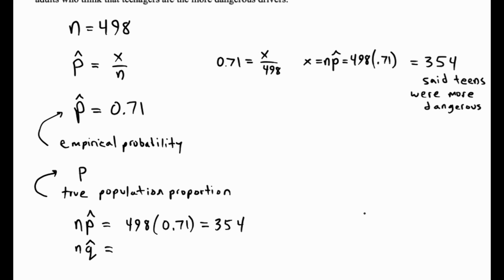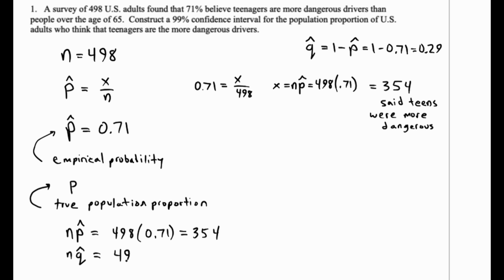And so how do we get Q hat? Well, Q hat has the formula 1 minus P hat. So that's 1 minus 0.71, that's 0.29. N Q hat is 144. So we got 354 are the yeses, 144 are the no's. That is definitely bigger than 5 for both of these.